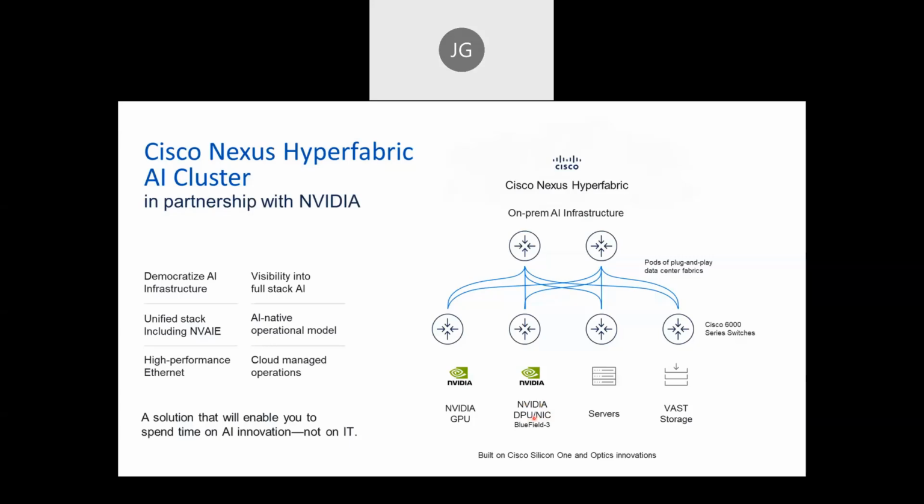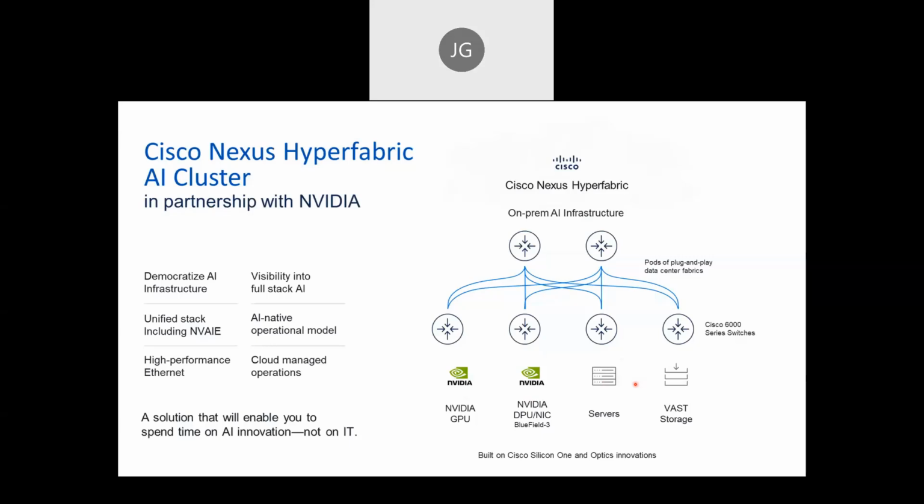I call it a deep learning processing unit, but that's just me. It's really there for deep learning. And another thing is Vast Storage. We partnered with Vast to build a storage solution for your compute nodes that are going to be utilizing GPU, DPU, and Vast Storage.